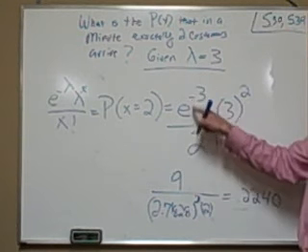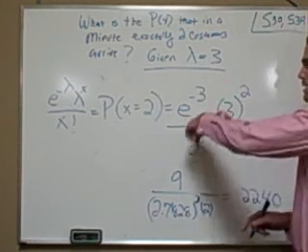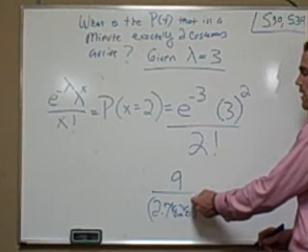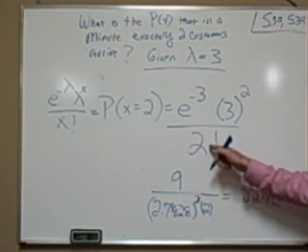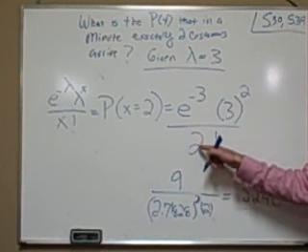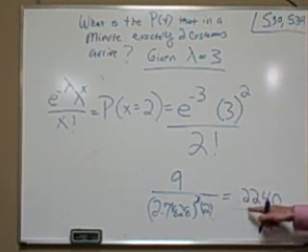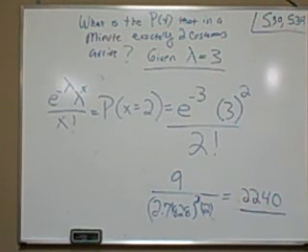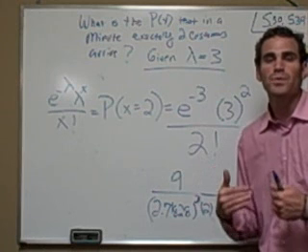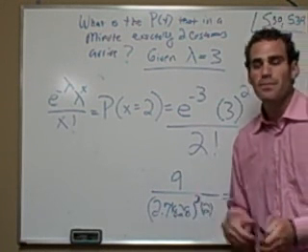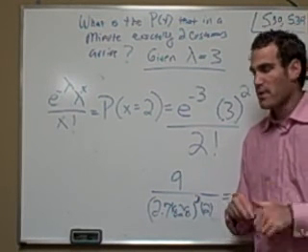Now that's a positive 3 because when you drop a negative exponent into the denominator, the negative sign disappears. Times 2 factorial. 2 factorial is 2 times 1, which is just 2. Simplifies to 0.2240, or a 22% chance that we have exactly 2 customers come to our kiosk, given that we expect 3.